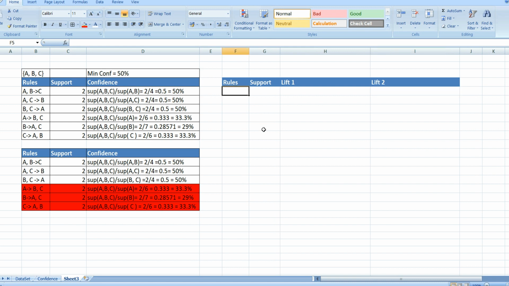So when we are calculating the lifts, this time we are going to expand the rows.